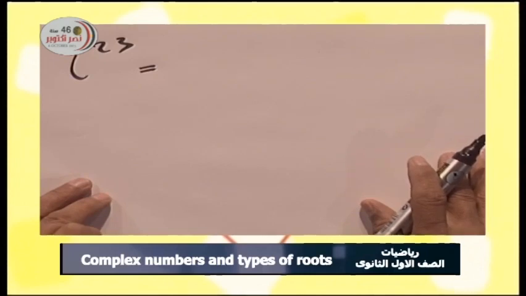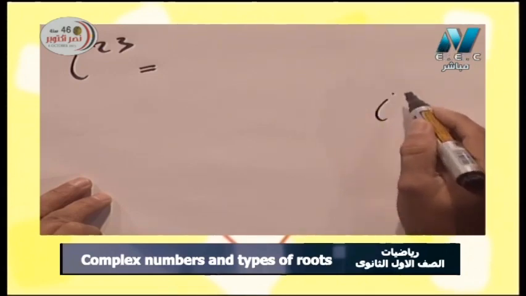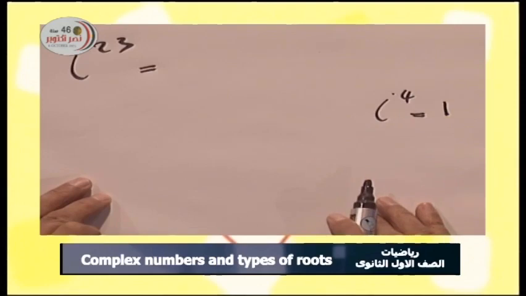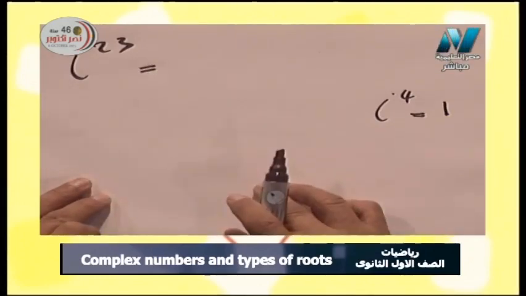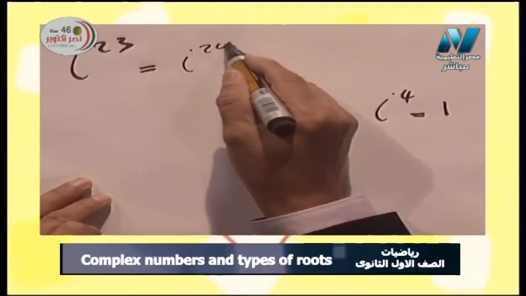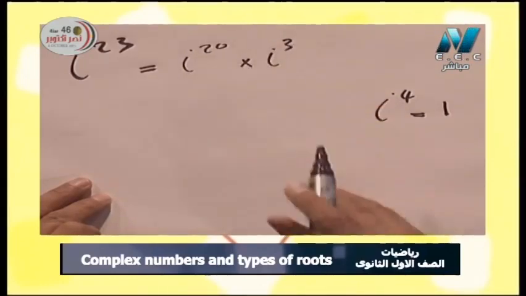Okay, try to get out all the fours, because we have i power 4 equals 1. This i power 23 equals i power 20 multiplied by i power 3.